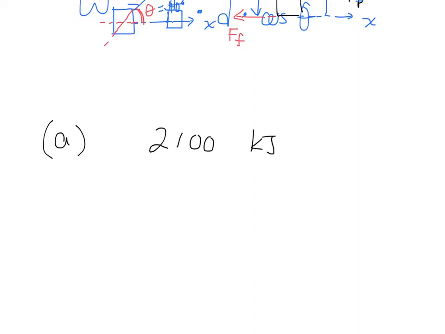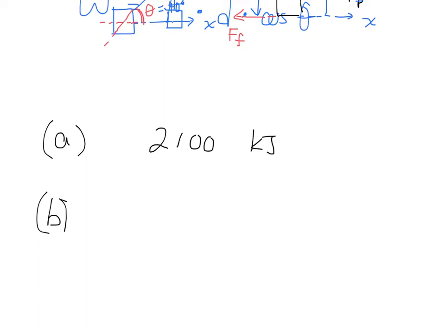It'd be 2,100,000 joules, really, but I'm going to say 2,100 kilojoules. So hypothetically, that's my answer. And then part B says, find the power that the turbine generated if it took 3 minutes to perform the task.